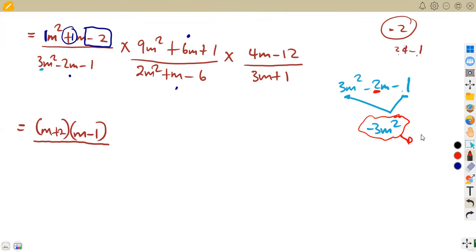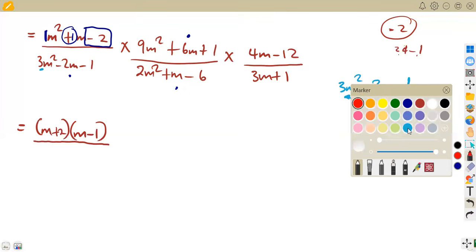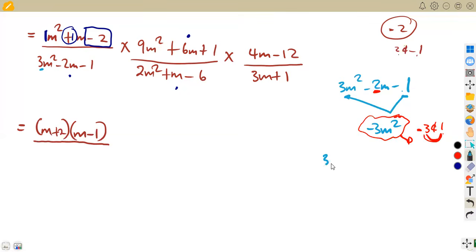It must be -3 and 1. If we multiply this, we get -3. -3 plus 1, we get a -2. So these are the ones that we are going to consider, using m. This will be -3m plus 1m, so this will be just m, -1.